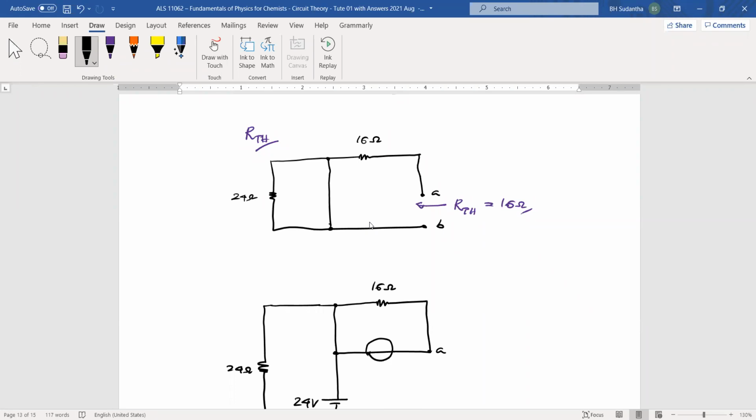You can see that these two are parallel. When the current sees that there are two paths to go, and this is conductor, there is no resistance here, and there is a resistance here. The current will select definitely this one. At the other way also you can apply this is a 0 ohm resistor, and this is 24 ohm resistor. You can do the parallel calculation, and the result of this is 0. Then it's only a 16 ohm resistor.